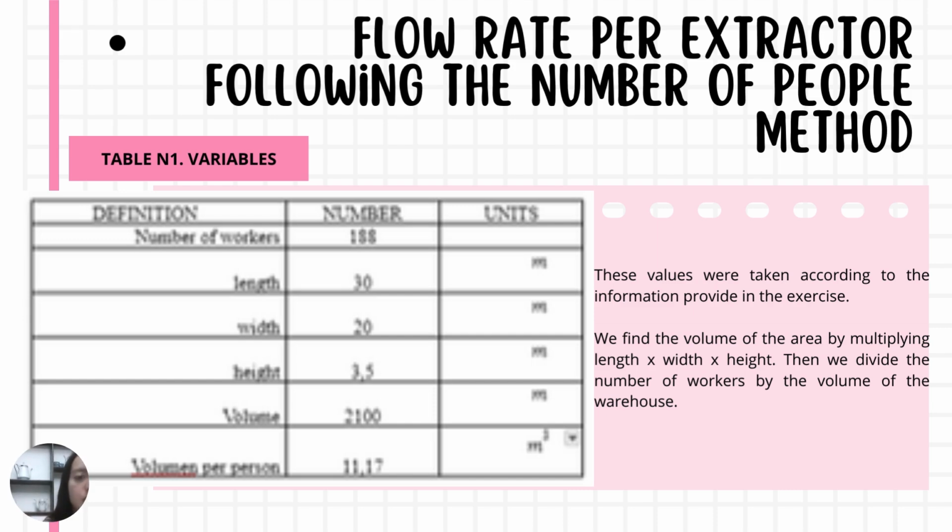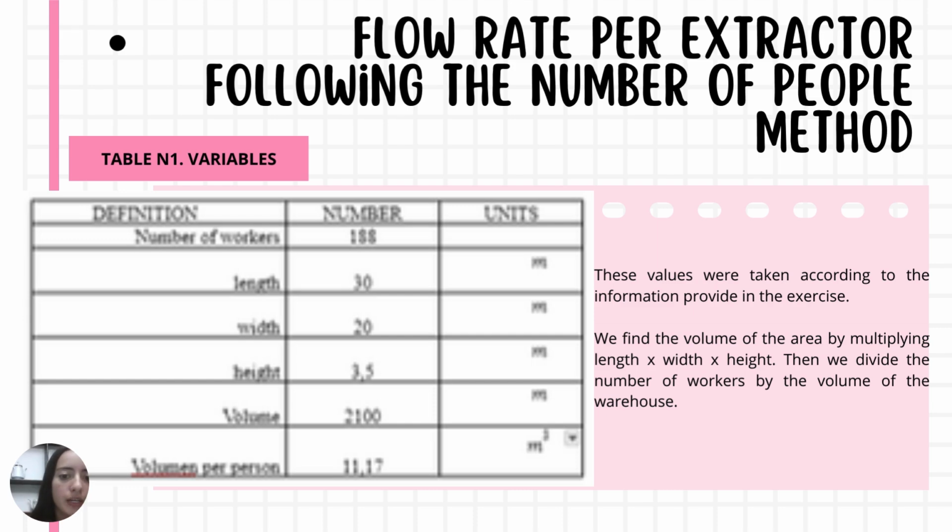Flow rate per extractor following the number of people method. In table number 1, variables, these values were taken according to the information provided in the exercise. We find the volume of the area by multiplying length x width x height.